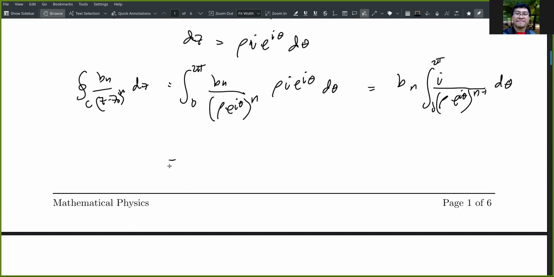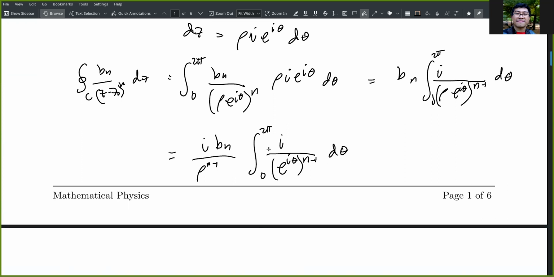We can also write this as i b_n over rho^(n minus 1) times the integral of 1 over e^(i theta (n minus 1)) d theta.